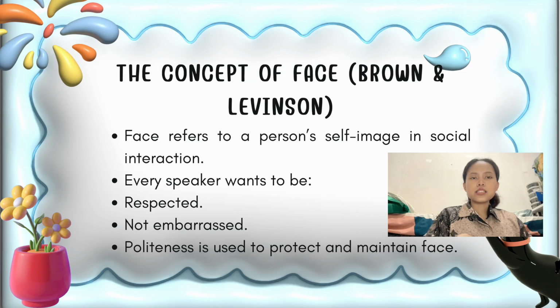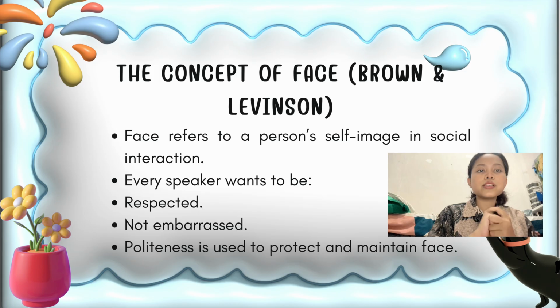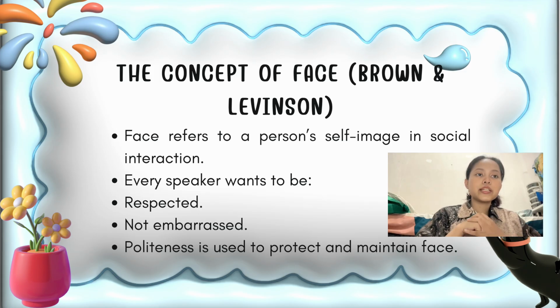Next, look at the concept of face by Brown and Levinson. According to Brown and Levinson, face refers to a person's self-image in social interaction. Every speaker wants to be respected and not embarrassed. Politeness is used to protect and maintain face during communication.